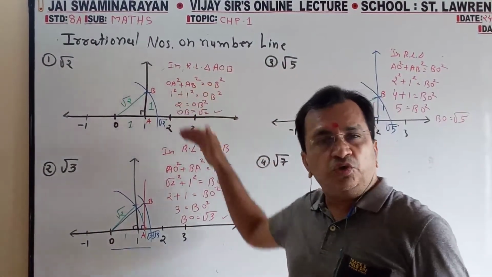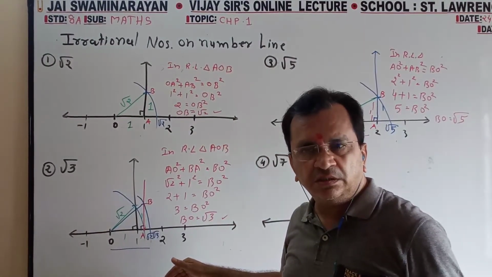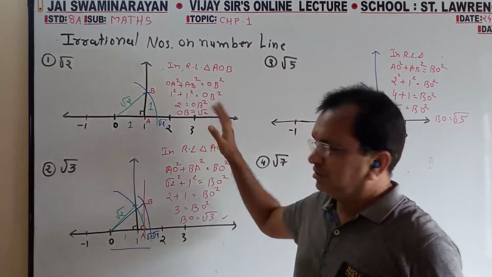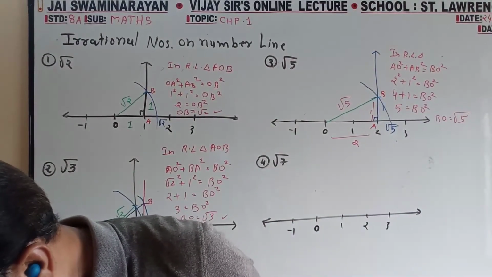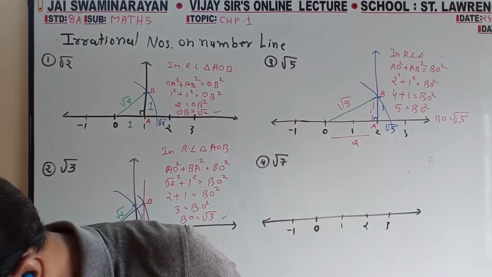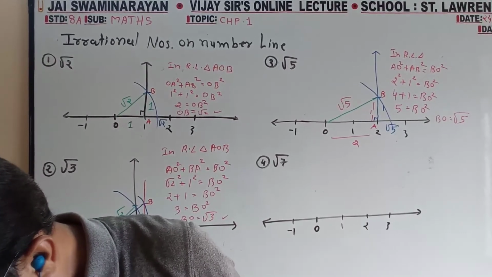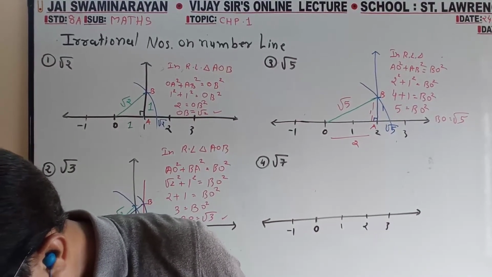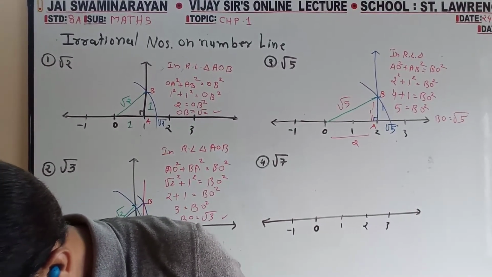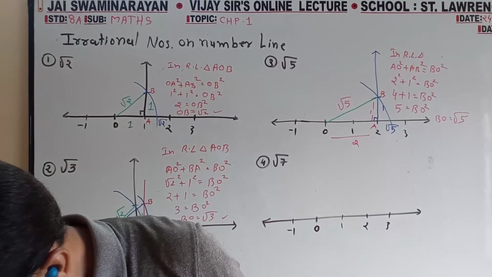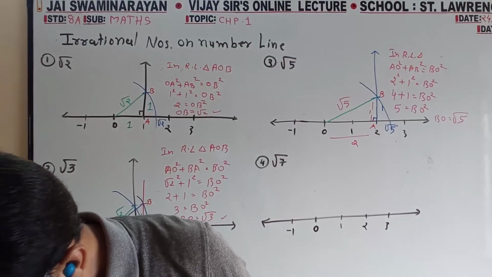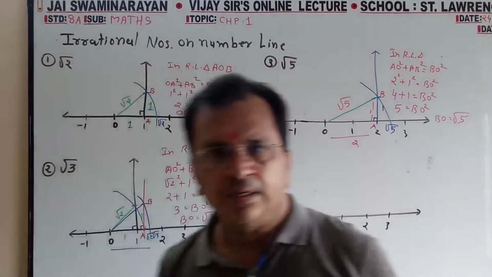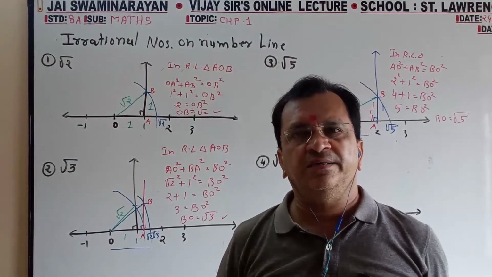From root 2 to root 3, wait, it will be okay, because from here the network is perfect. Now okay.